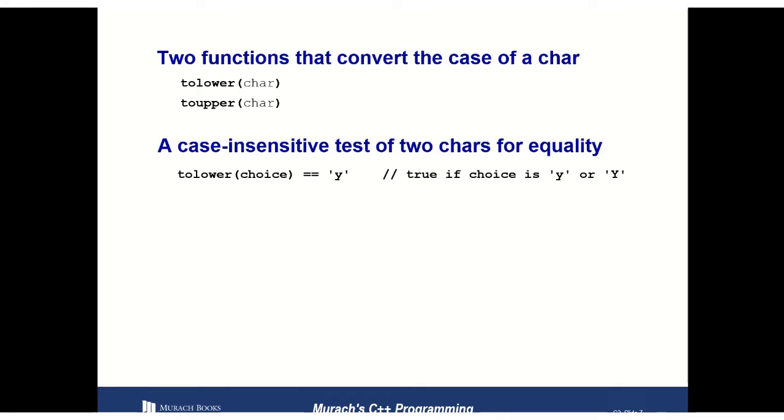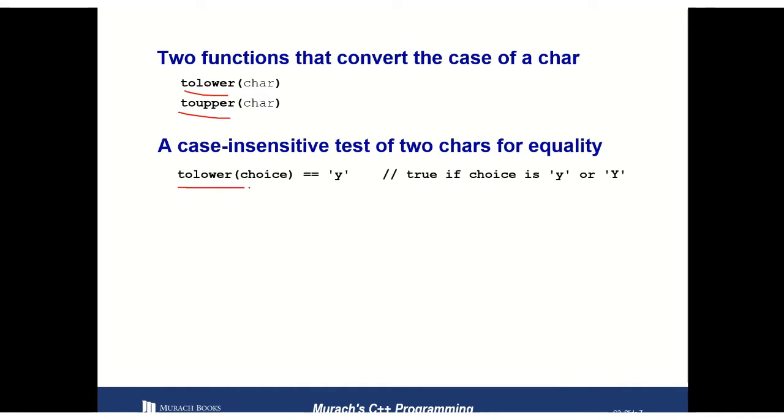Next are two functions that convert the case of a character. When you use toLower and toUpper, toLower means whatever character you put here is automatically converted to lowercase, and toUpper means it goes to uppercase.